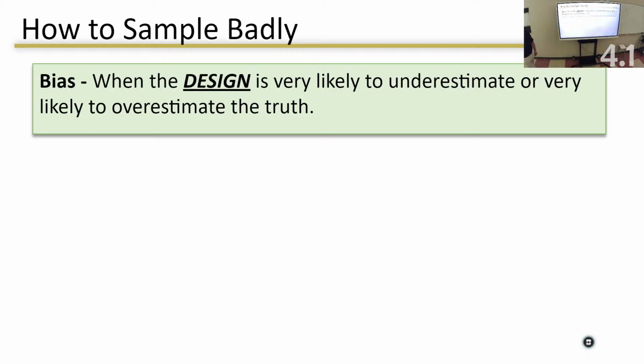What I mean by design is the way that I sampled. So the way you sampled will likely overestimate or underestimate the population. That's what bias is. The design that I chose is wrong.